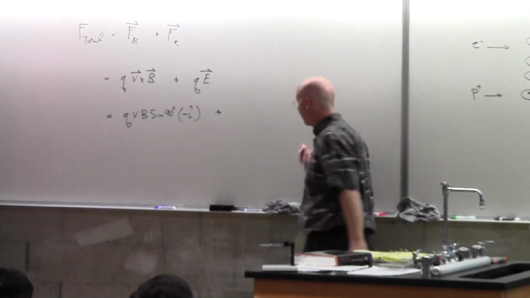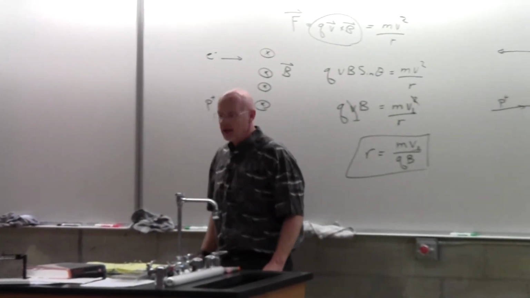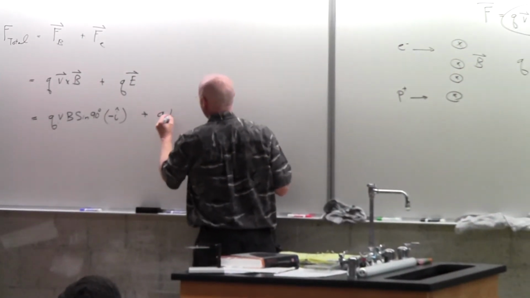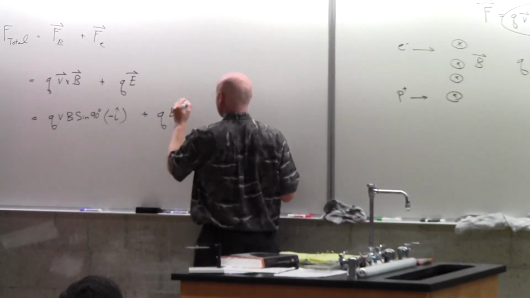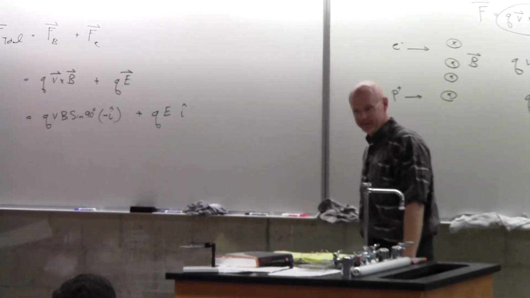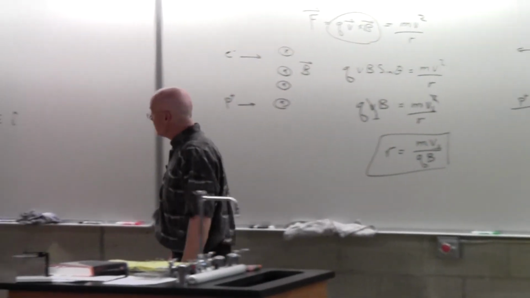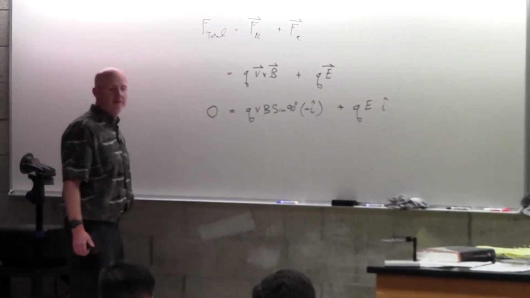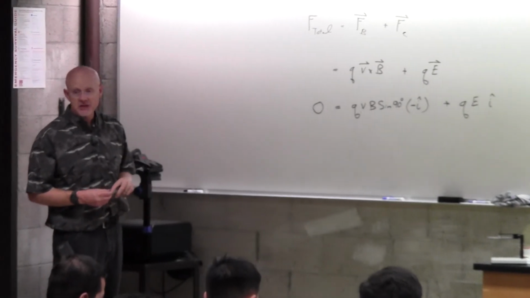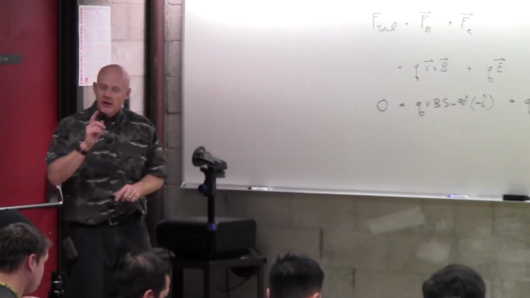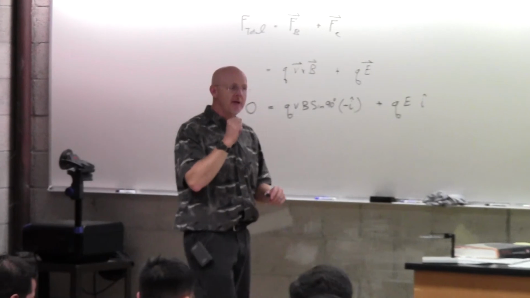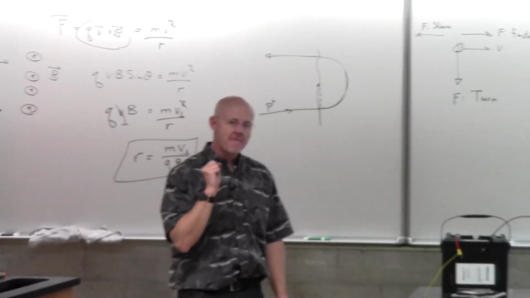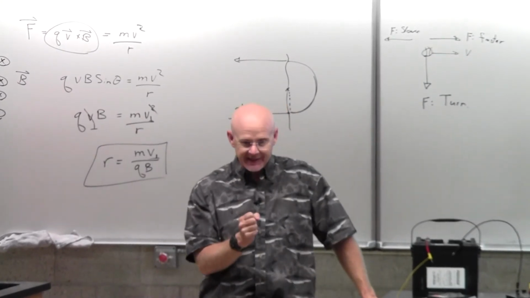What direction is the electrical force? It is in the i hat direction. If you balance those two, that is, if you want to look when the net force is equal to 0, here is what somebody pointed out last time is very, very useful. The amount of the magnetic force depends on velocity.